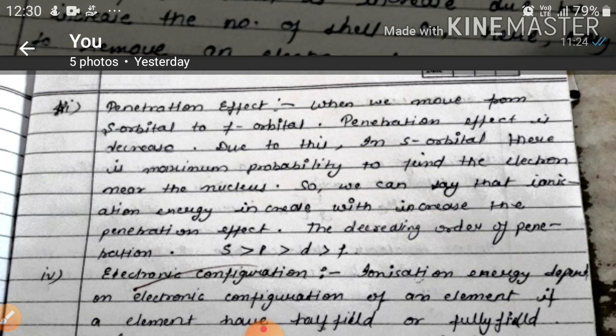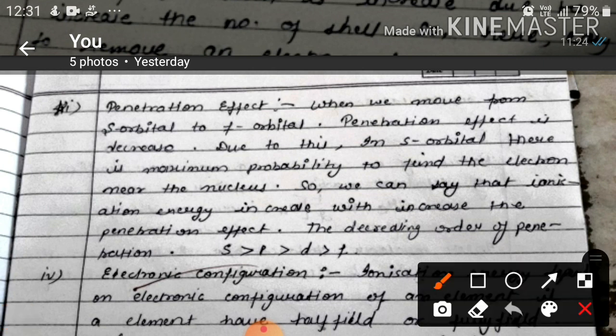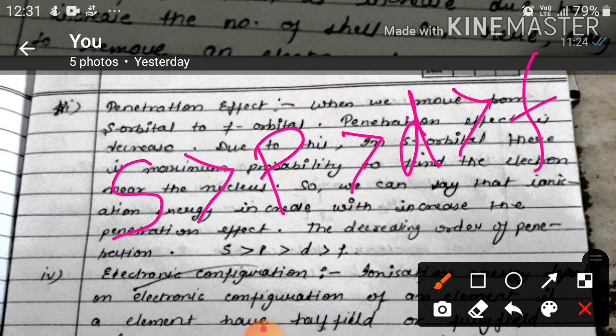So we can say that ionization energy is increased with increase in the penetration effect. In decreasing order of penetration, the s subshell has the maximum penetration effect as compared to p, d and f. So in case of s orbital the ionization energy is more as compared to p, d and f orbitals.